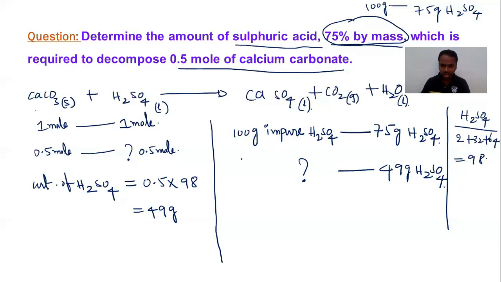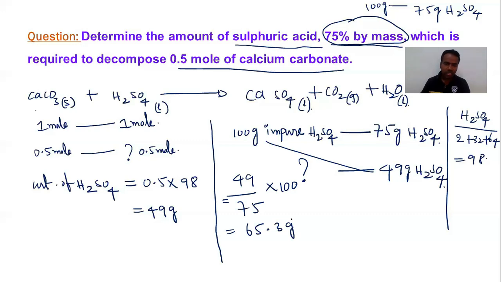So let us calculate here. It is like a simple ratio: if you want the question mark, the remaining two are multiplied and the other one is divided. It is like, 2 bananas cost 5 rupees, then what is the cost of 1 banana? Same way, this is 49 by 75 into 100, which is nearly equal to 65.3 grams.